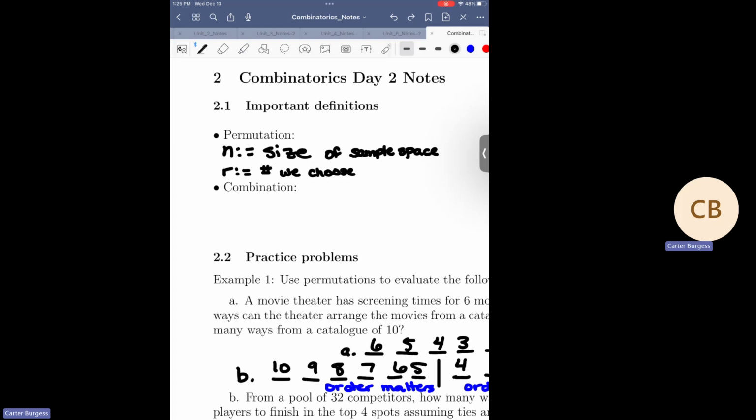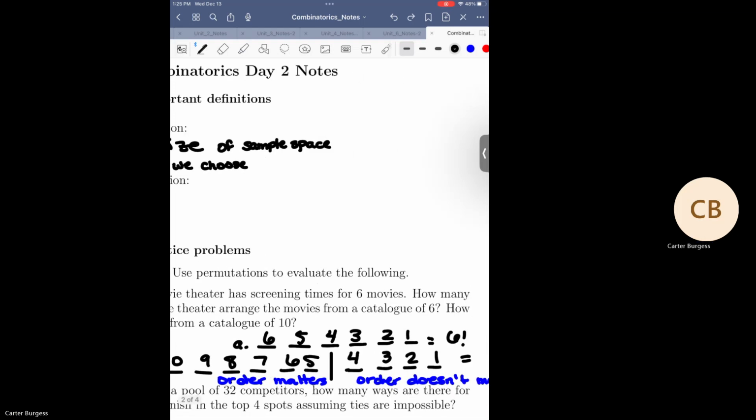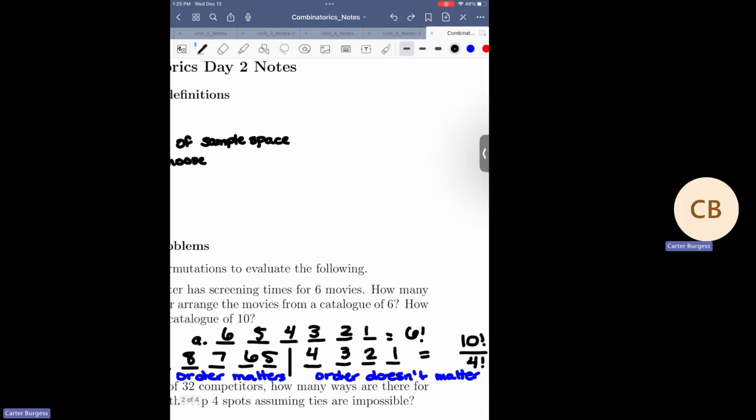It's a good way to think about it. And so a permutation of size r from a sample space of n, written as this lowercase n, this capital P, this lowercase r.